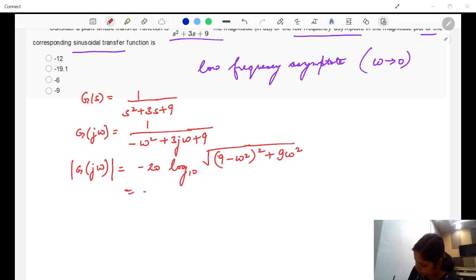I was asking you to simplify this. Omega is equal to 0, madam. Okay, you want to then put it here only. That also works.